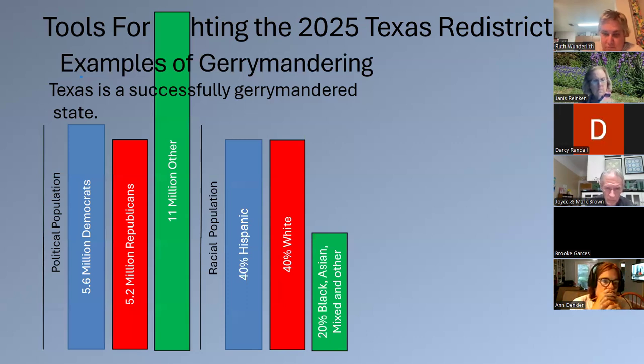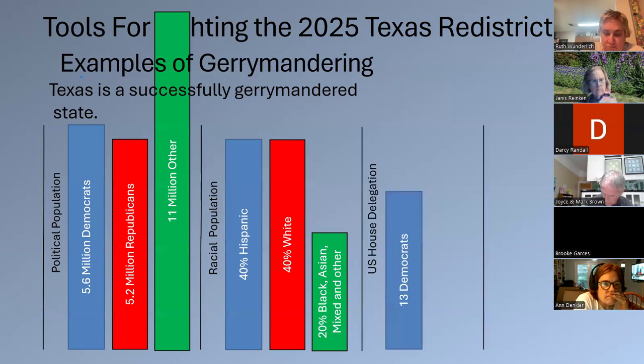Hispanics are 40.32%, and whites are 39.68, I think it is, some odd number, which leaves 20% left. 13% are black, 6 are Asian, and the rest are other. So you would expect 15 to 16 Hispanic districts.